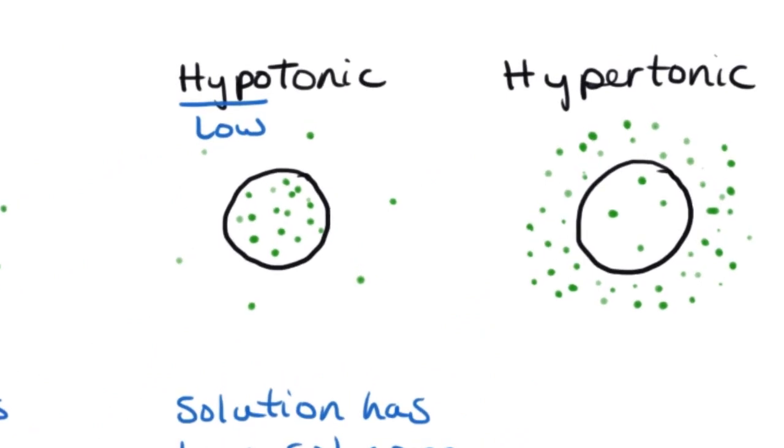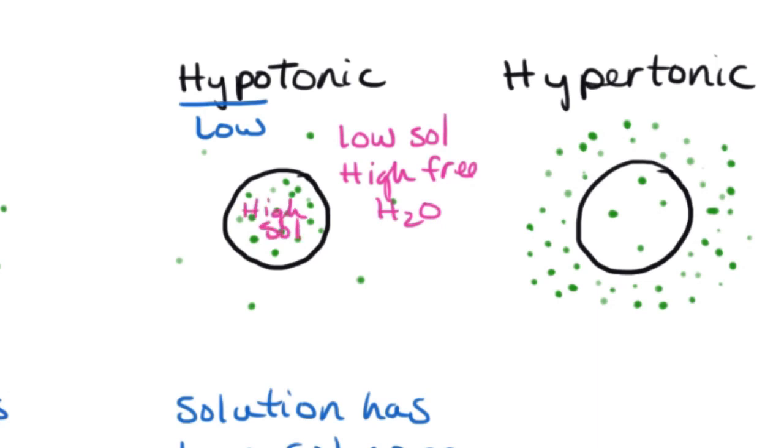Remember that we have an inverse relationship between the amount of solute and the amount of free water. So on the outside here, if we have low solute, we would expect high free water when you compare that to the inside. The inside has high solute, but the high solute means that we're going to have low free water.